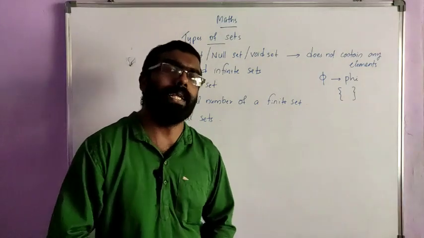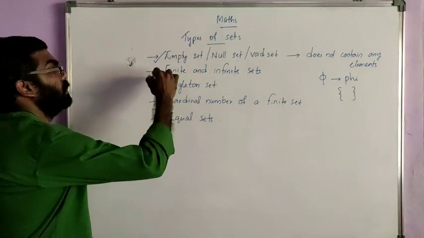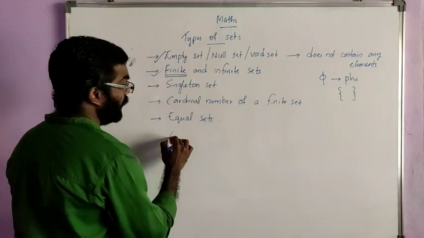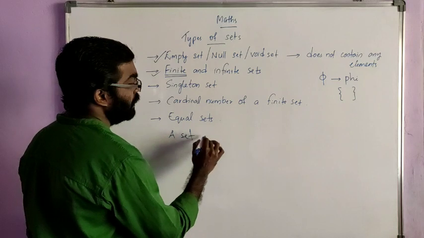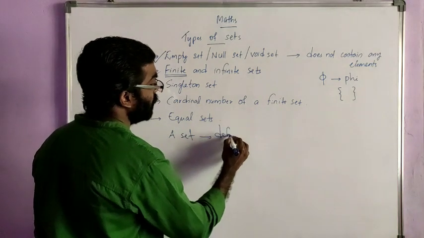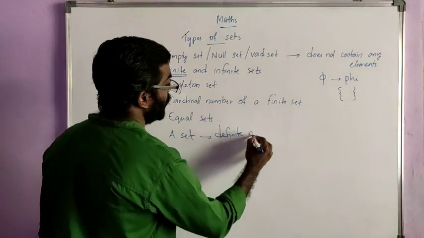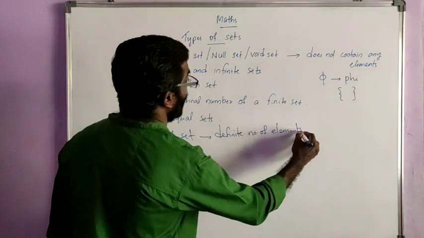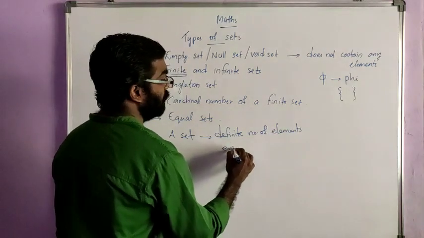Okay, next one is finite sets and infinite sets. First we can discuss finite set. Finite set means a set which contains definite number of elements, or a set which is empty.